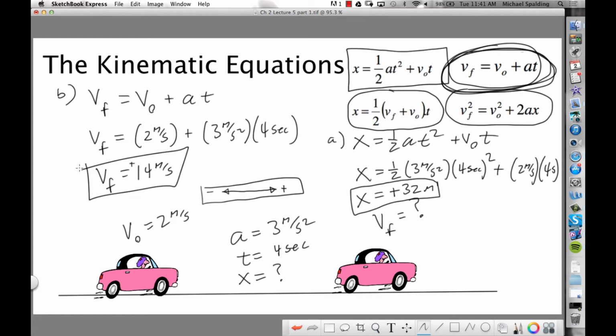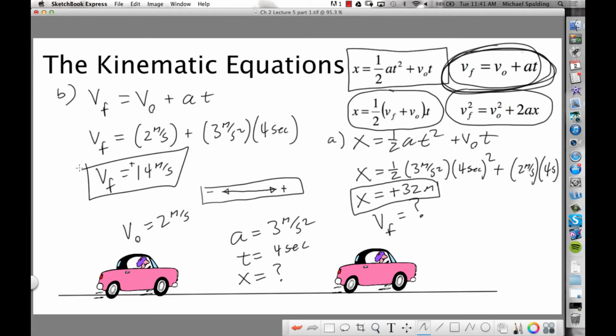Okay, so that's the first example, situations where you have to pay attention to plus and minus. Second example, situations where there's a change in the acceleration. Now, one thing to know about these kinematic equations, in order to use them, acceleration must remain constant.